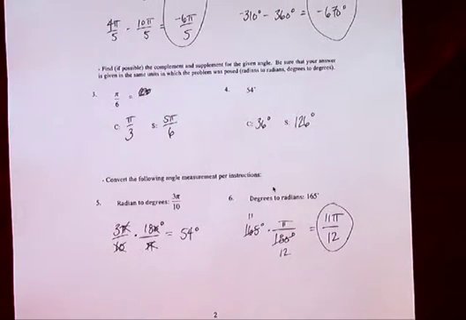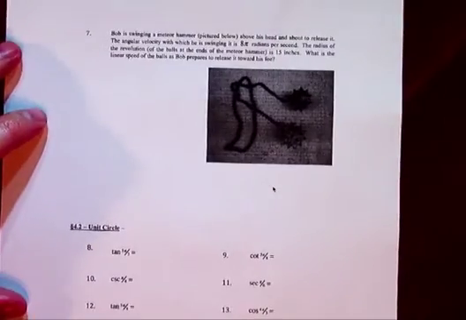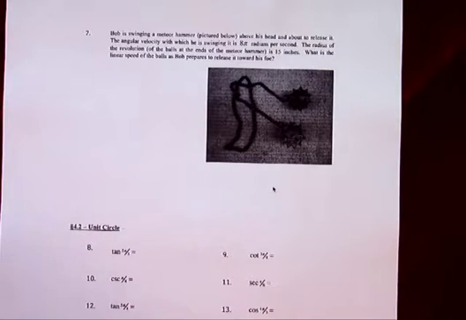Fantastic. All right, let's get to the fun stuff. On occasion, I like to write my own word problems, and they oftentimes are either poking fun at my colleagues or they involve medieval weaponry. This is, of course, the latter.